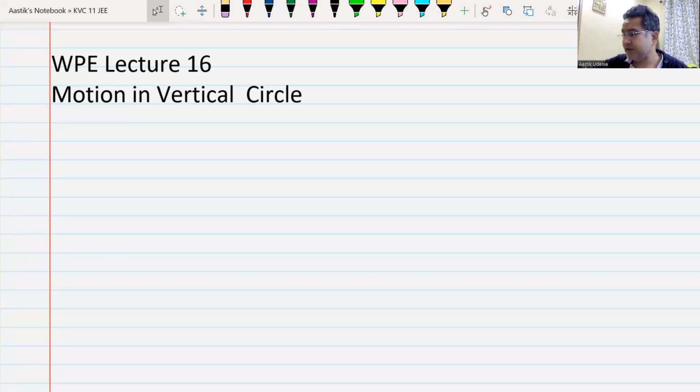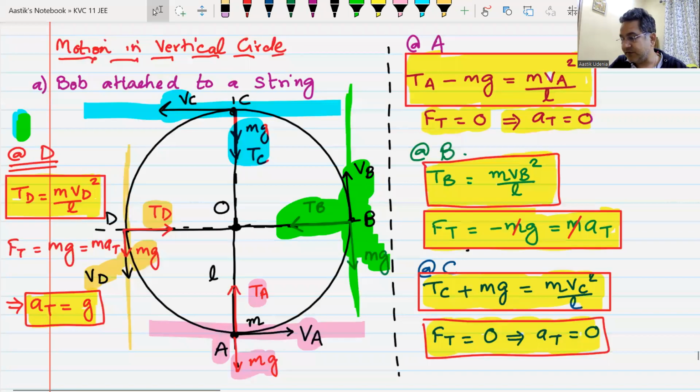This is lecture number 16, and we are dealing with motion in a vertical circle. In the previous class, we had seen some important results, and how a particle moves in a vertical circle.